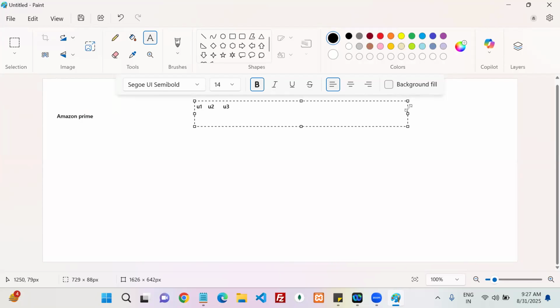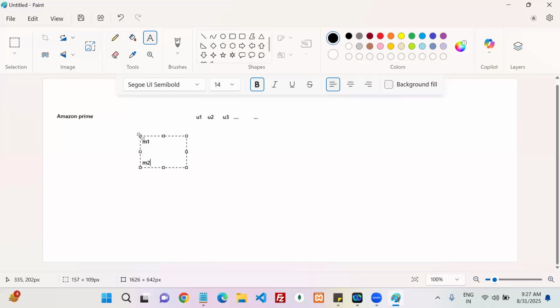There are hundreds, so many users we have. Now, the number of movies also, right? Movie one, movie two, movie three, movie four, like this. There are so many movies.